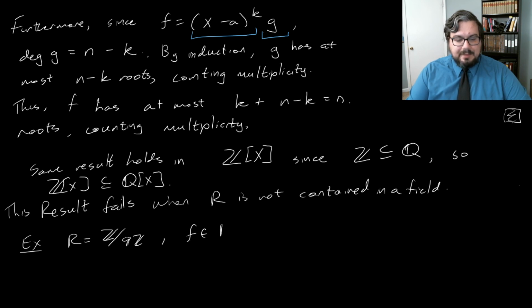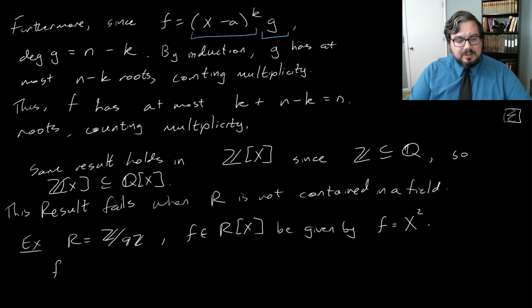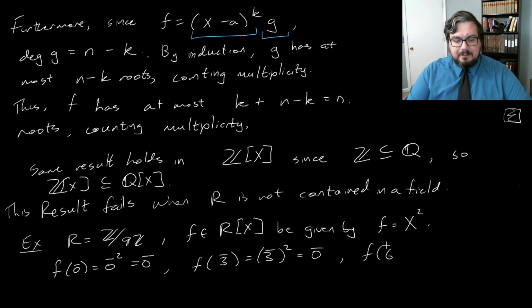Let f in R adjoin x be given by f equals x squared. Now, notice that f of 0 bar equals 0 bar squared, which is 0 bar. f of 3 bar equals 3 bar squared, which is 9 bar, which is 0 bar. And f of 6 bar equals 6 bar squared, which is 36 bar, which is, again, 0 bar.